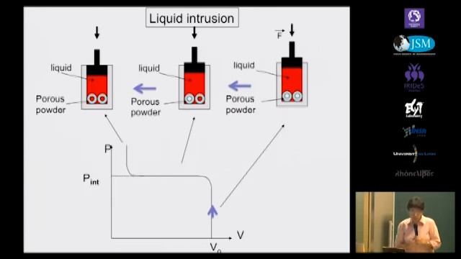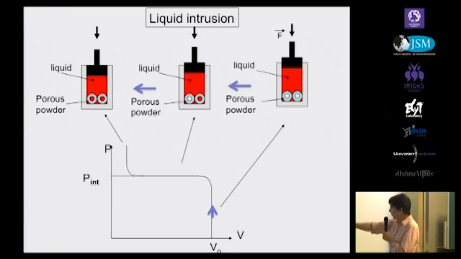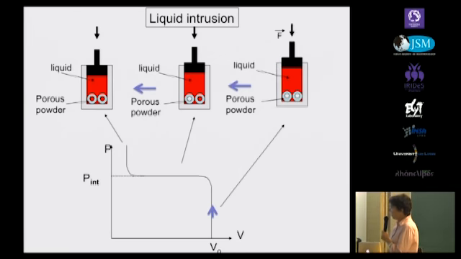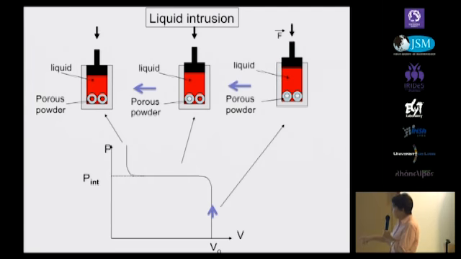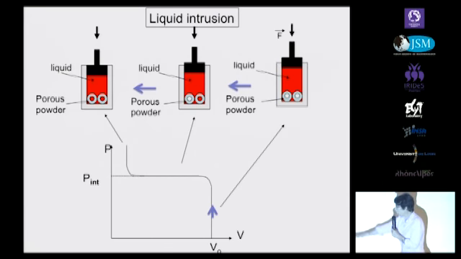For doing this, one has to apply a pressure on the liquid. And actually, the pressure-volume curve is a characteristic of the system. Basically, when pressure is applied on the liquid, the water starts to enter inside the pores at a threshold pressure.